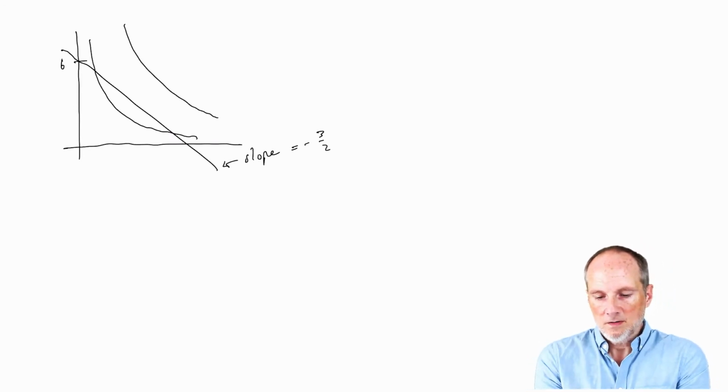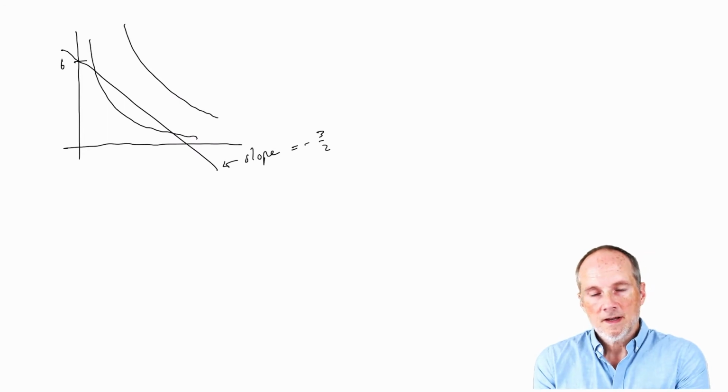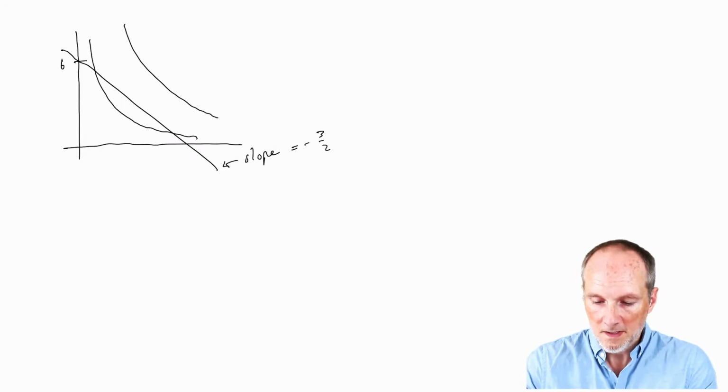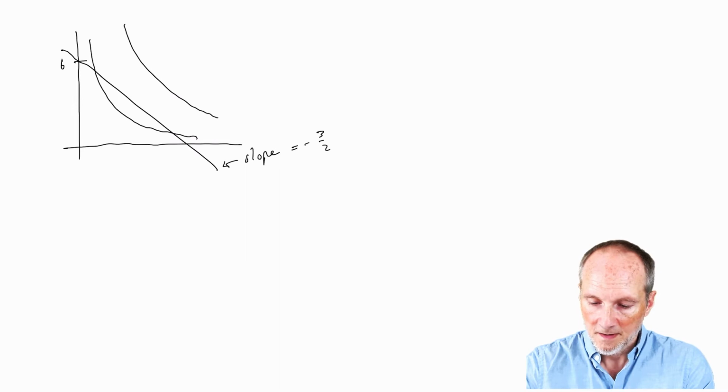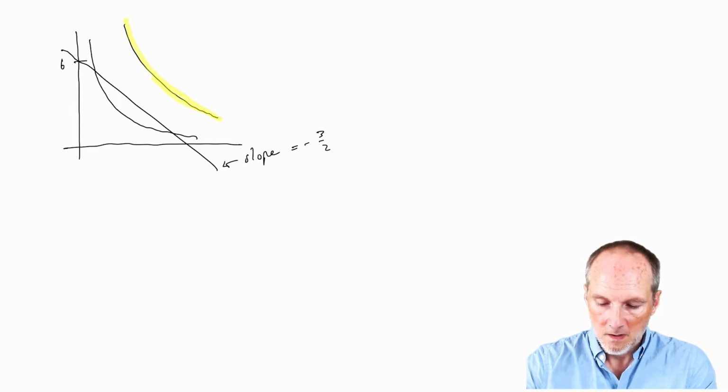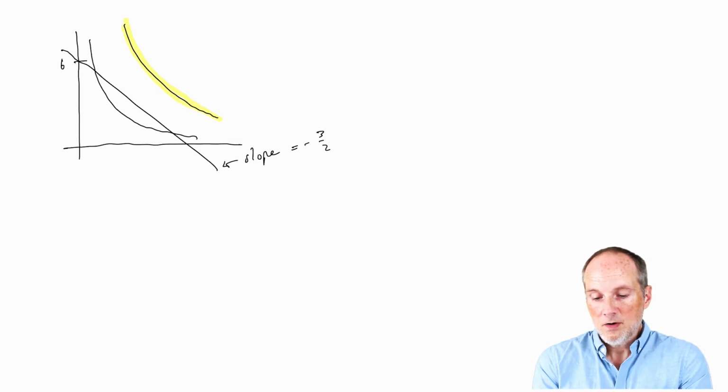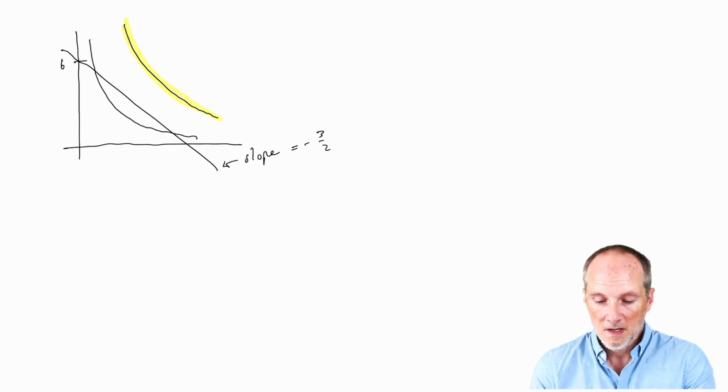Now I've just drawn two curves on that topographical map. Notice that for the higher one, there are no points on that curve that satisfy the constraint. That means we just can't achieve that level of the objective function, so there's no point in really thinking about it.